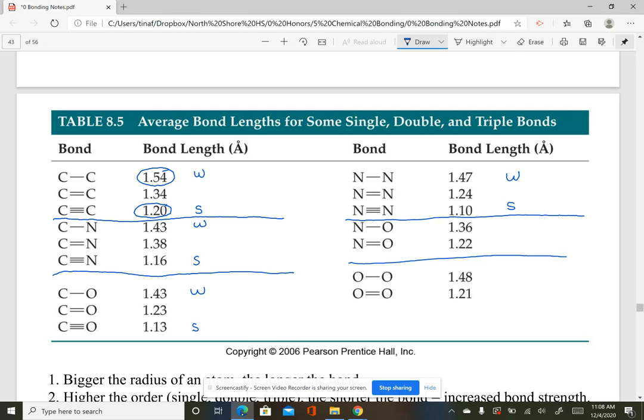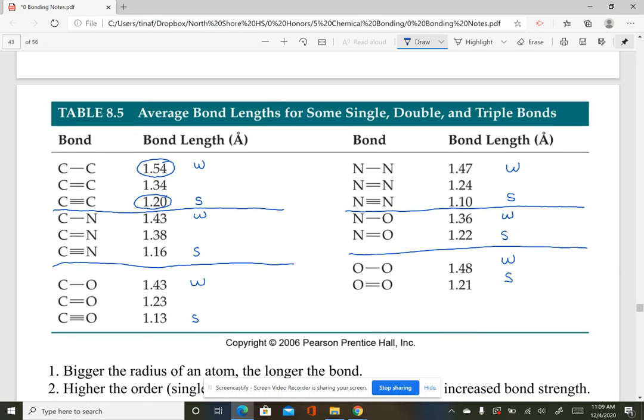Nitrogen to oxygen, there's no triple bond available there. Your single bond would be weaker than your double bond, which is shorter, and for oxygen as well. Okay, so this is just some evidence of how the length and the strength of the bonds are related.